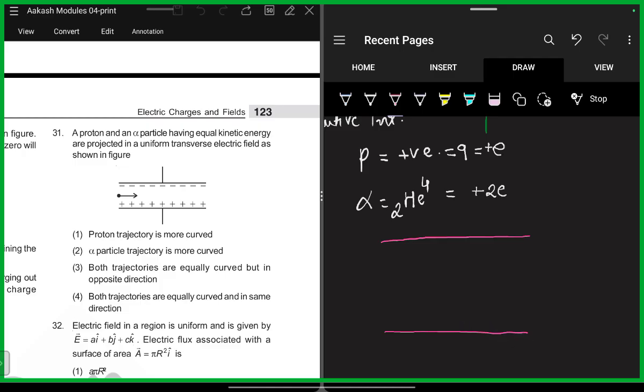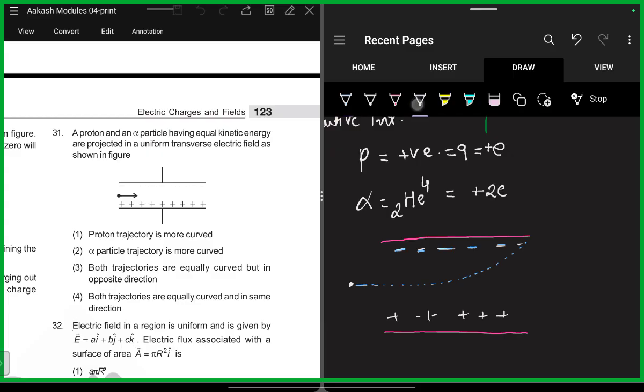Let's say first a proton enters from the center, where we are projecting it. It will follow this type of trajectory, since these are negative charges, so it will get attracted towards the negative charges.